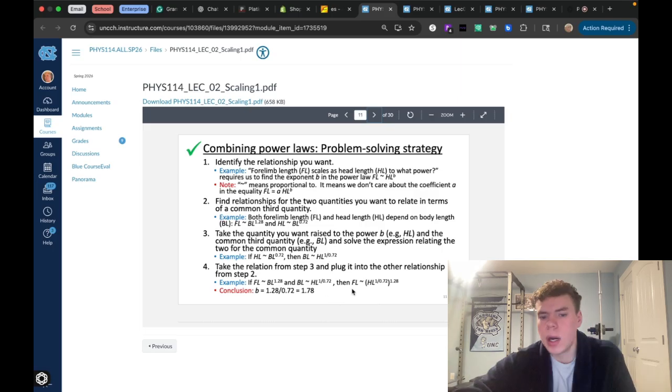So, all right. If head length to the 1 divided by 2 is equal to body length, then that means, yeah. So, conclusion. What in the world?